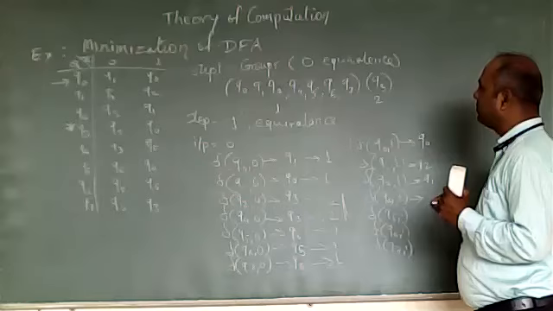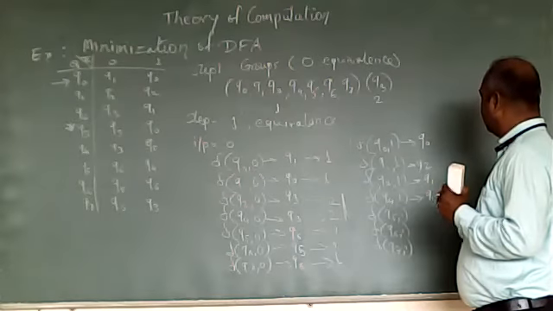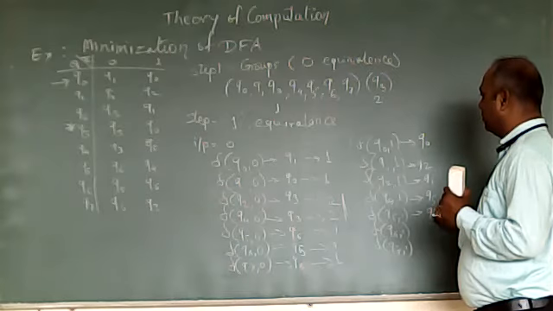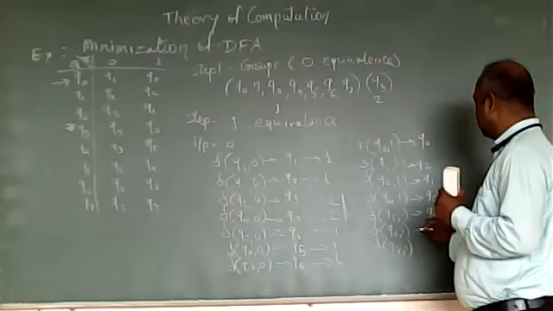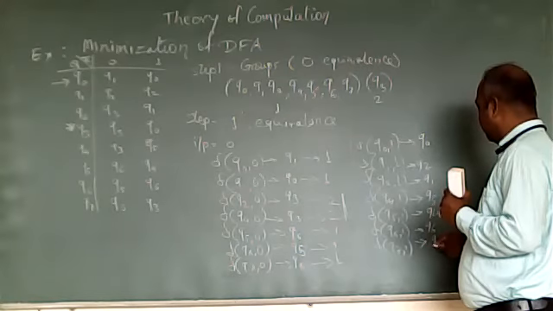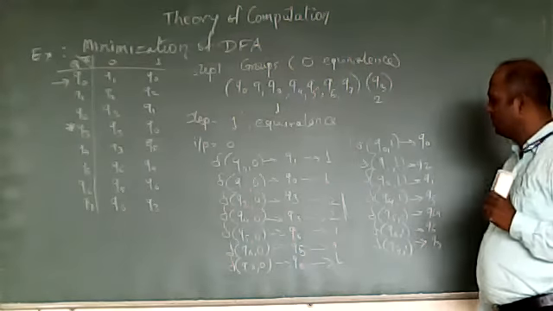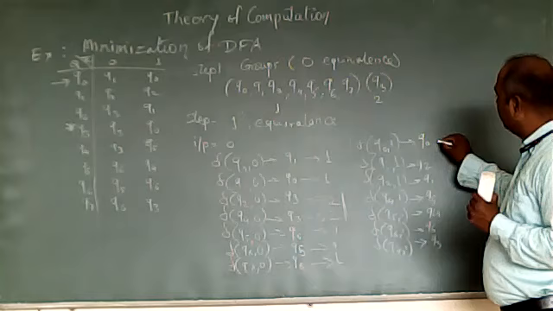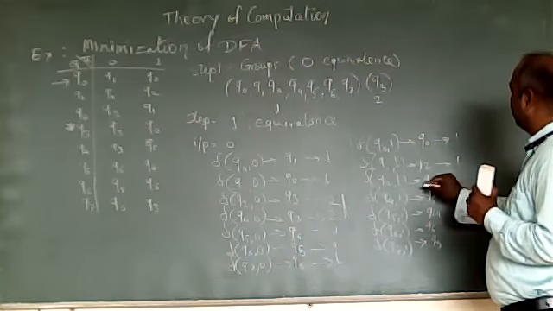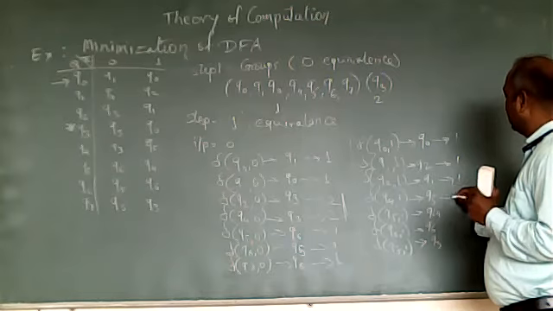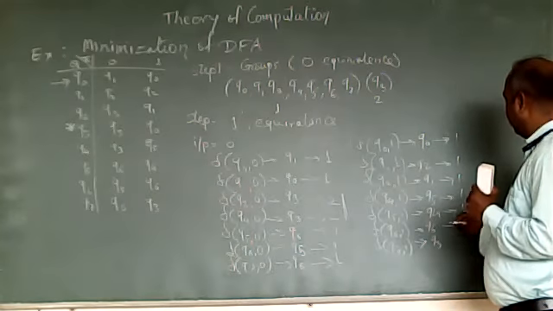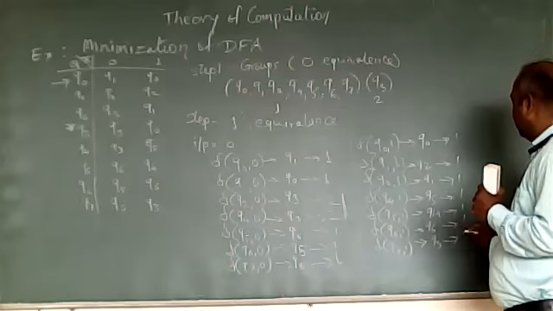Q4 with 1 goes to Q5. Q5 with 1 goes to Q4. Q6 with 1 goes to Q6. Q7 with 1 goes to Q3. Again we observe that Q0, Q2, Q1, Q5, Q4, Q6 belong to block 1, and the transition of Q7 belongs to block 2.